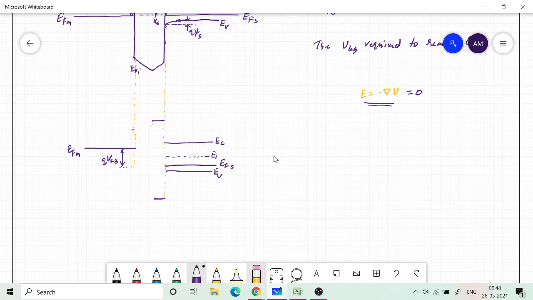So if del V is equal to 0, which means that V is constant, that is also flat. And then what happens on the other side? Now the entire voltage, earlier I had some voltage, but now that is going to increase. So it is going to be something like this.